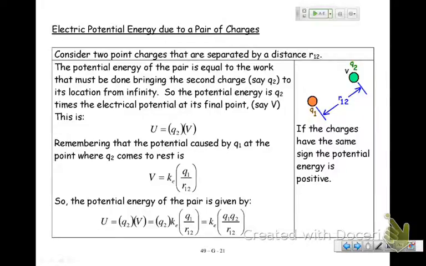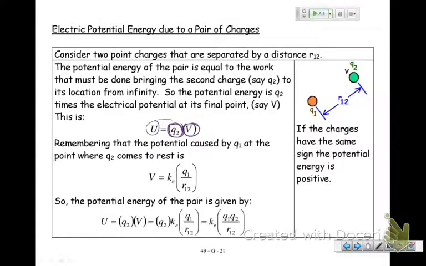We can go a step further and say, let's not talk about potentials, let's talk about potential energies. Again, you're not responsible for getting here, you're just responsible for knowing what you do when you're here. The potential energy is equal to the charge that we add multiplied by the potential at the point.